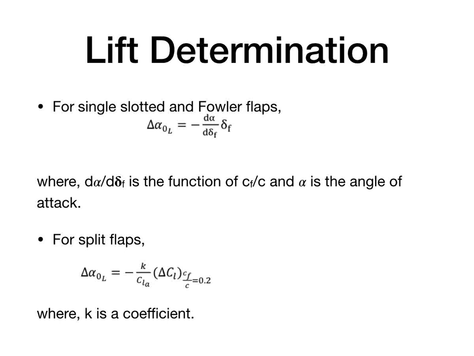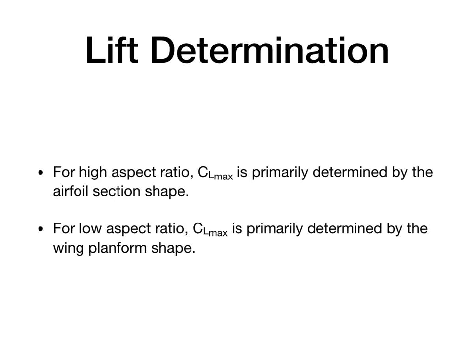For finding maximum lift coefficient CLmax requires determining whether the main wing in the design has a low or high aspect ratio. This distinction is made because with high aspect ratio wings, CLmax is primarily determined by the airfoil section shape, whereas for a low aspect ratio wing, CLmax is primarily determined by the wing planform shape.